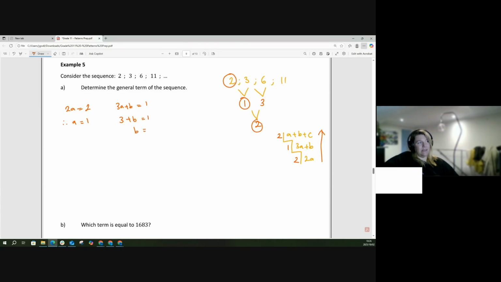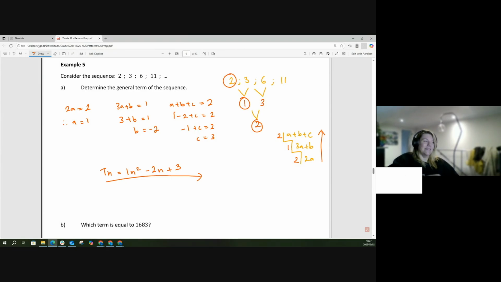So b equals -2. A plus b plus c equals 2. So 1 minus 2 plus c equals 2. So c is equal to 3. So my general term is going to be 1n squared minus 2n plus 3.